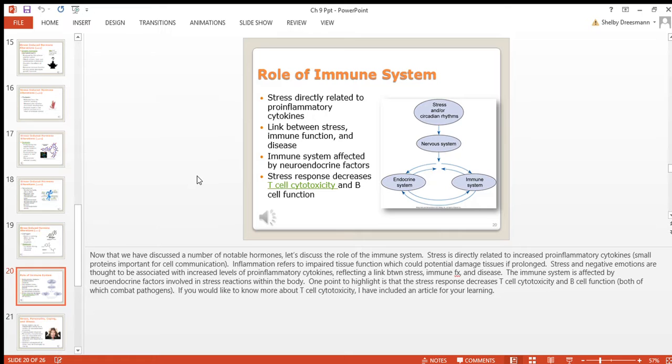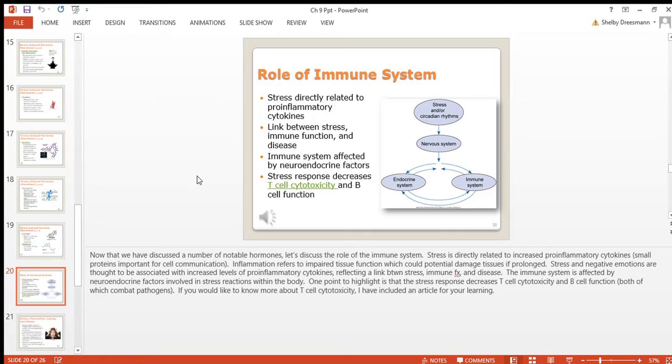Stress and negative emotions are thought to be associated with increased pro-inflammatory cytokines, reflecting a link between stress, immune functions, and disease. The immune system is affected by neuroendocrine factors involved in stress relations.